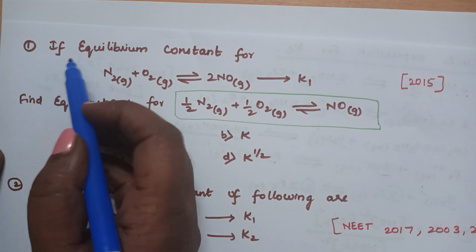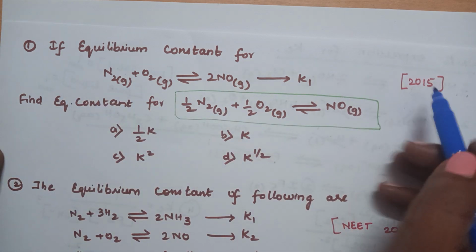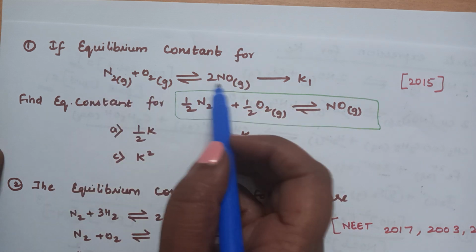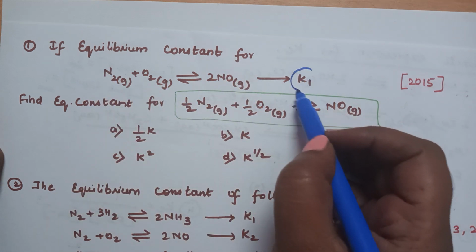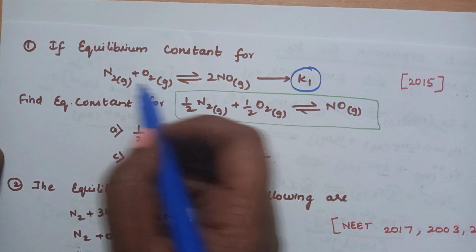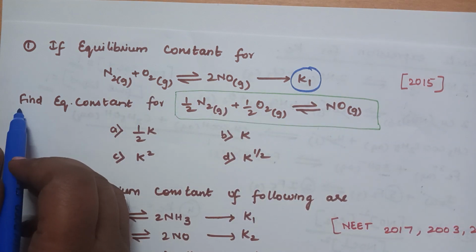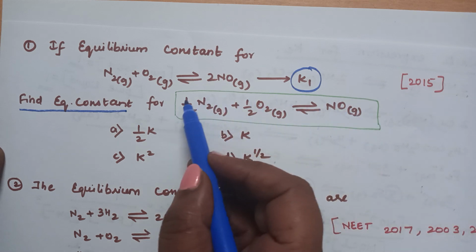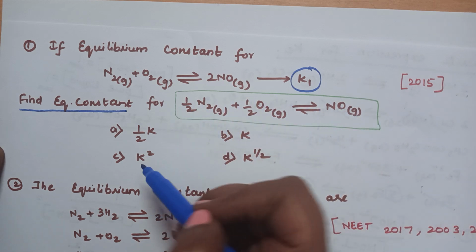First question, this appeared in 2015. A reaction is given and the equilibrium constant is given as K1 for this reaction. Find the equilibrium constant for this other equation.